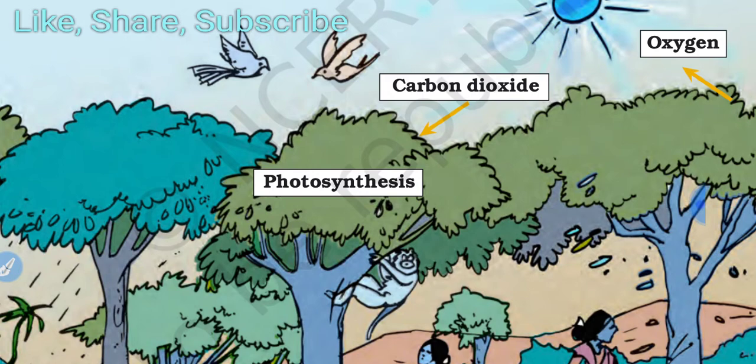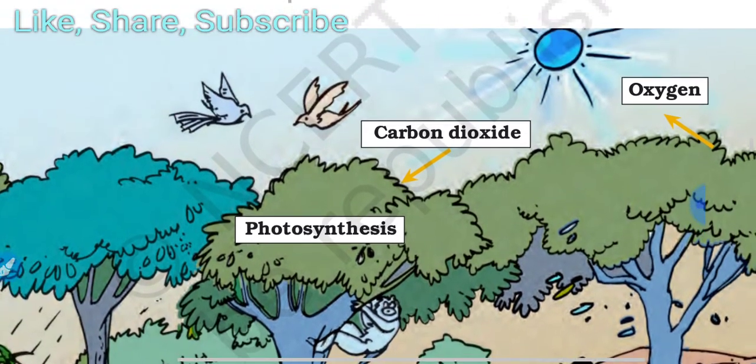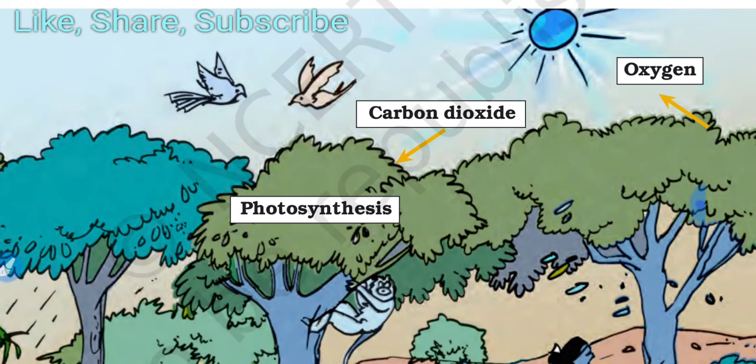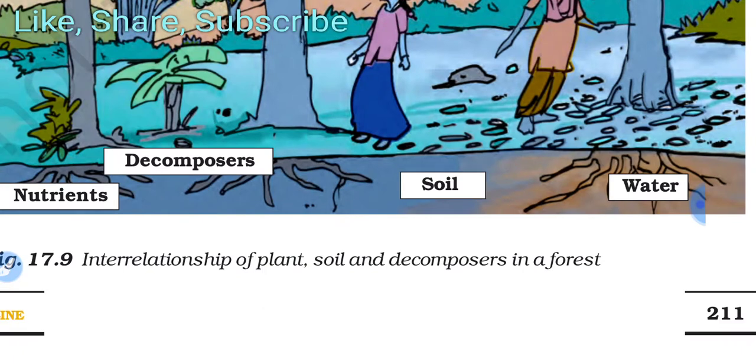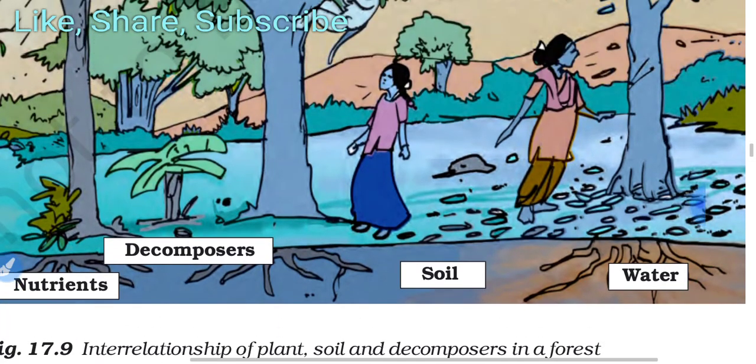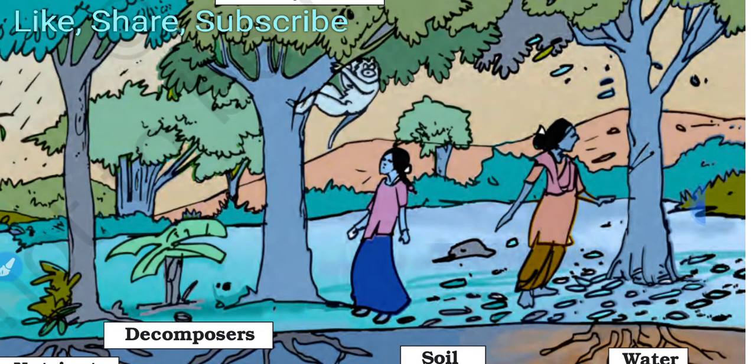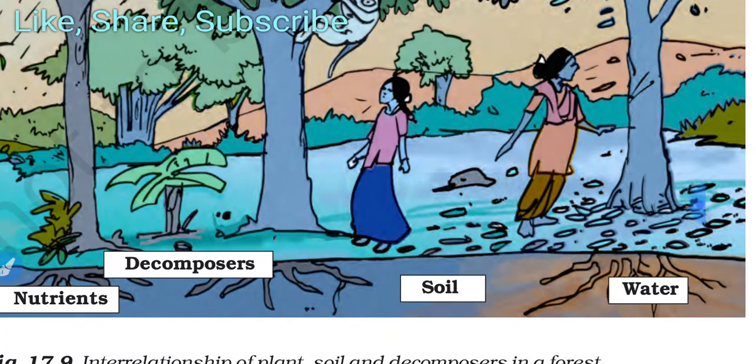Plants take in carbon dioxide and we get oxygen from it, and the sun is the ultimate source of solar energy by which the photosynthesis process happens. Water goes from the soil, and nutrients also go to the trees. So this is an interrelationship.